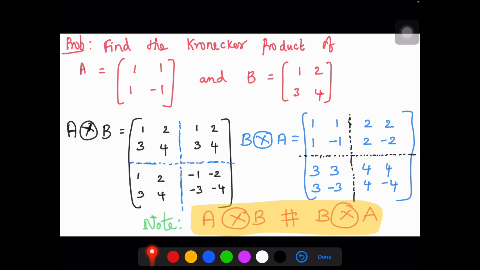So let's take a problem to understand it better. Find the Kronecker product of A, where A is 1, 1, 1, minus 1, and B is 1, 2, 3, 4.